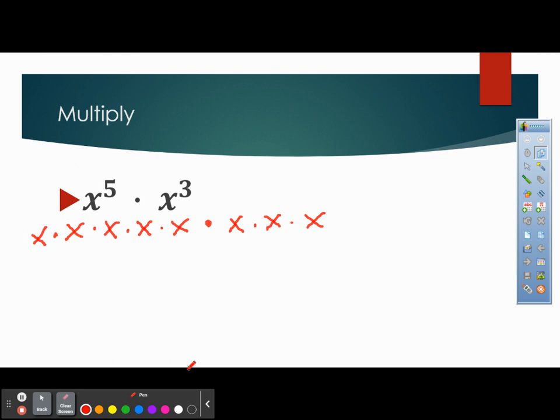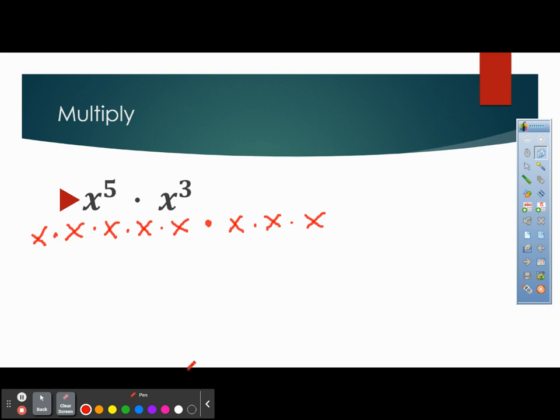What do I have? We just took a quiz over it. I'm wanting to rewrite this expression. I hate writing all of these x's. So instead of me writing x times x times x times x times x times x times x times x, how could I rewrite that? But I only want to write one thing.